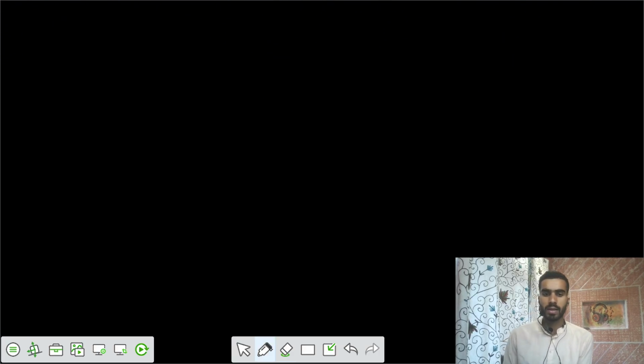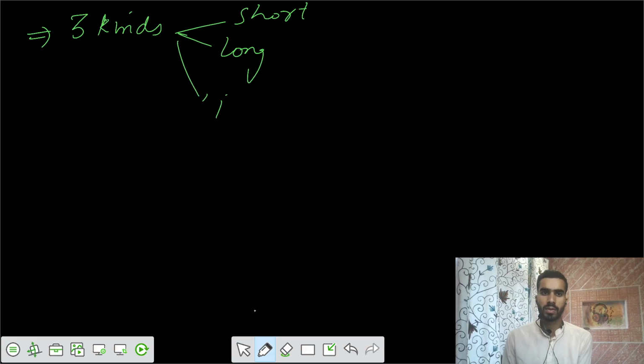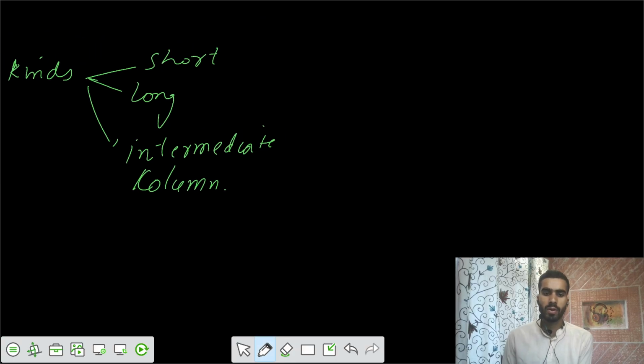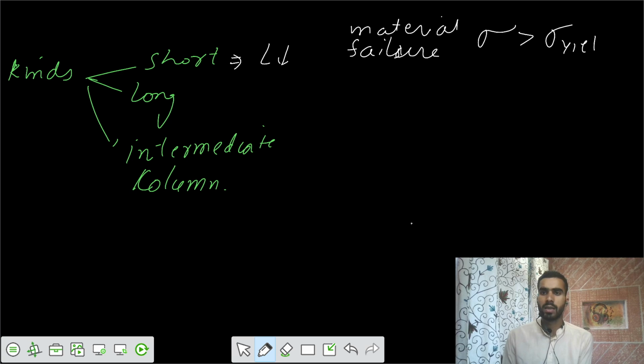Based on this, we say that there are three kinds of columns: a short column, a long column, and an intermediate column. A short column means the length is less, and it fails by material failure, meaning the stress is greater than sigma yield of that material.